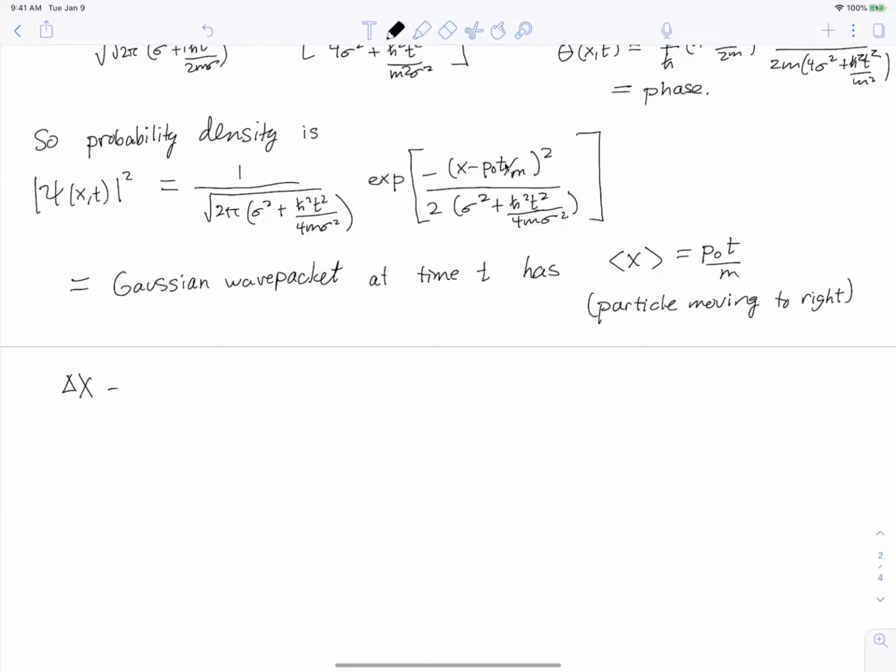The uncertainty in x is just the square root of sigma squared plus h bar squared t squared over 4m sigma squared. Okay, so at time t equals 0, it just reduces to sigma, which is what we found before, and it spreads out. It gets larger as t increases.